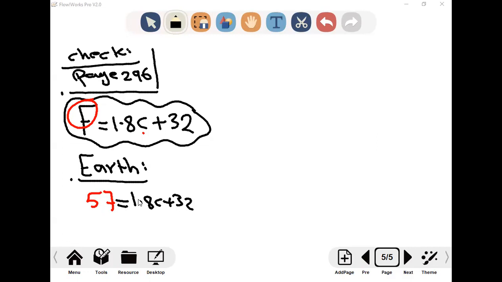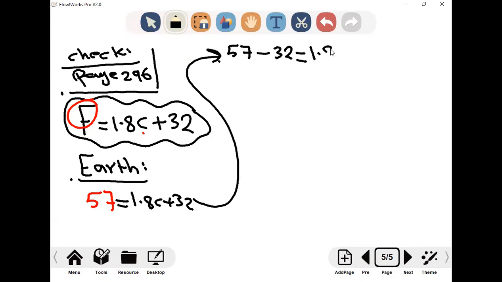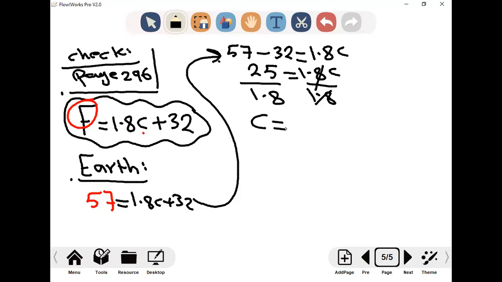So here we need to find this C. So 57 minus 32 equal 1.8 C. 57 minus 32, 25, right? 25 equal 1.8 C. So I will divide both sides by the coefficient. So C is 25 divided by 1.8.